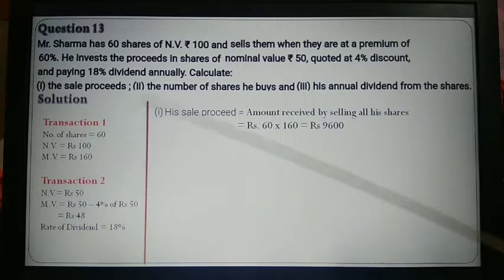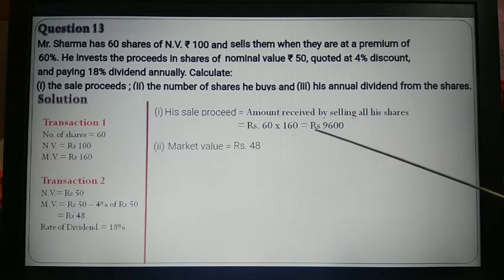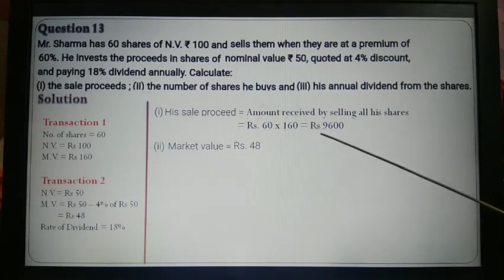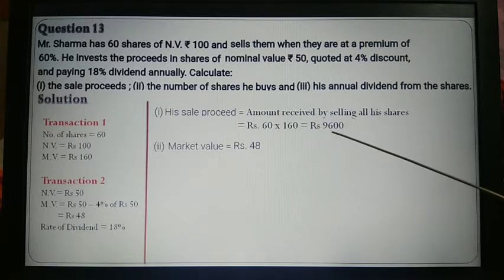Okay, so the amount received is this much. In the next case my market value is rupees 48, so the share is being sold in the market at rupees 48, and he has already received this much amount by selling all the shares.